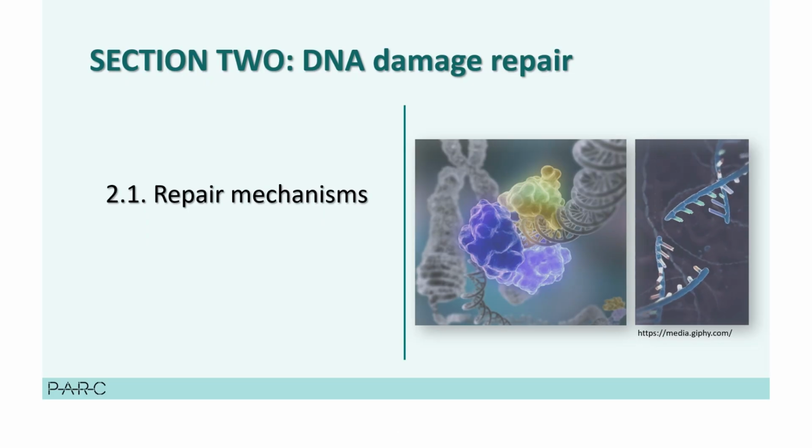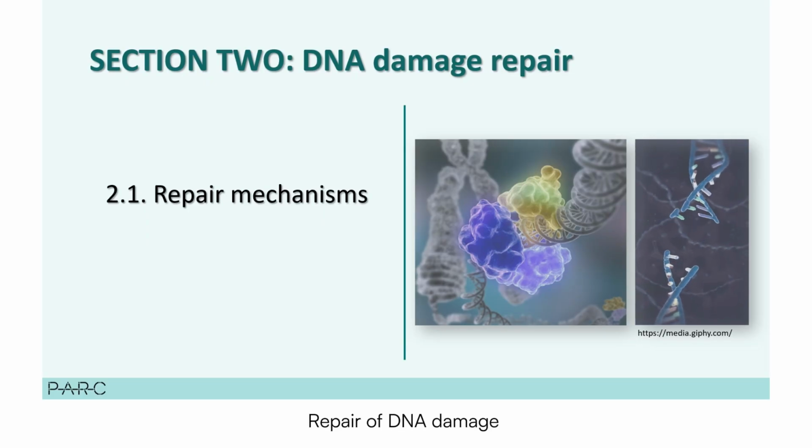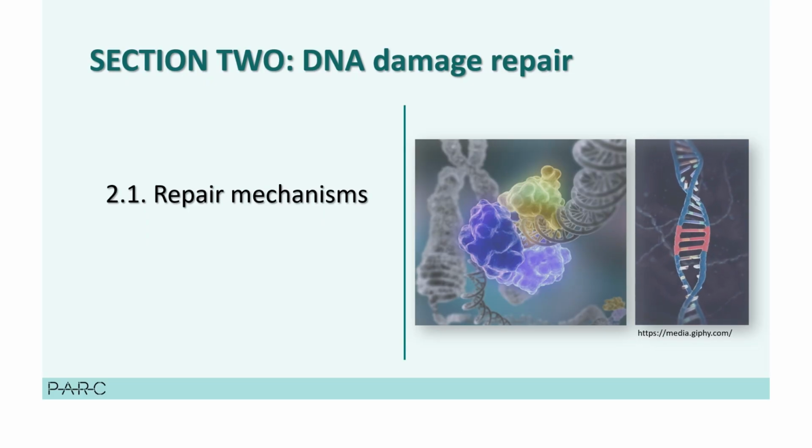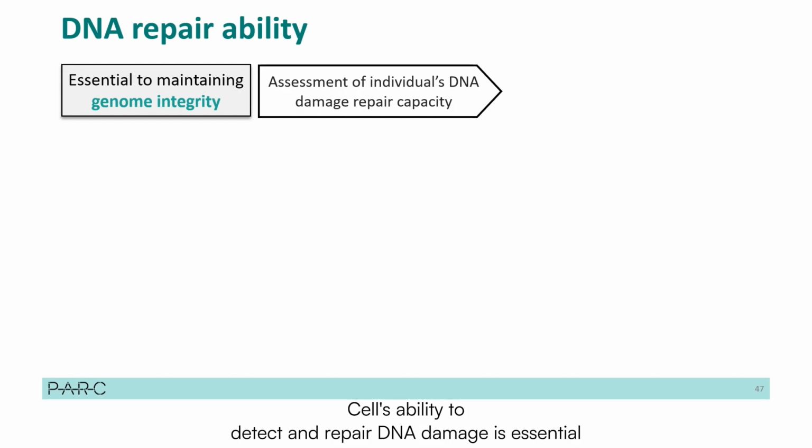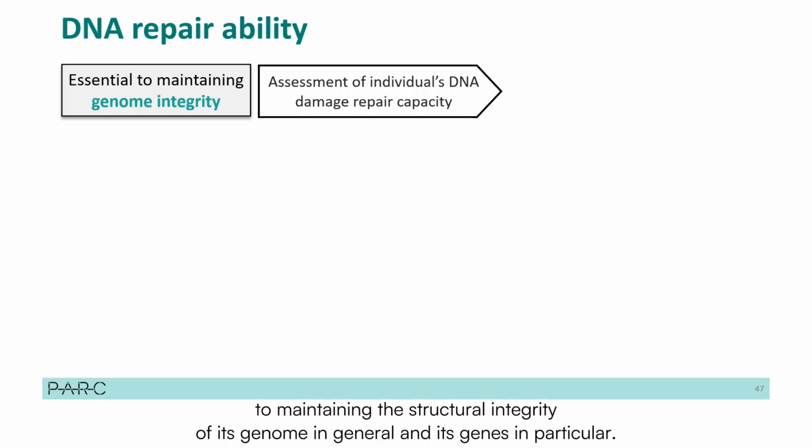Section 2. Repair of DNA damage. Cells' ability to detect and repair DNA damage is essential to maintaining the structural integrity of its genome in general and its genes in particular.